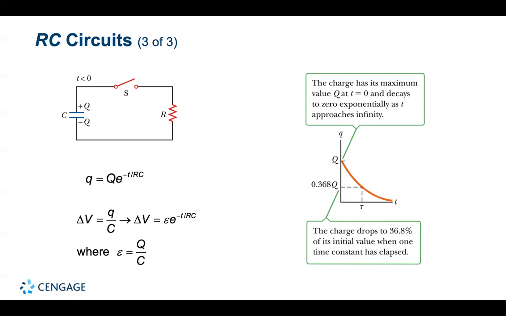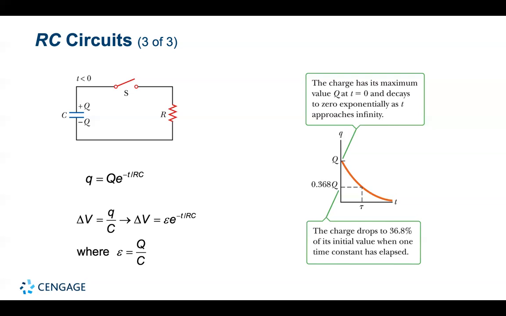If the switch is closed at t equals 0, the charge Q on the capacitor varies with time according to the equation shown here. The charge decreases exponentially with time, as you can see in the graph on the right. In the interval t equals tau equals RC, the charge decreases from its initial value Q to 0.368 Q. In other words, in a time equal to one time constant, the capacitor loses 63.2% of its initial charge.